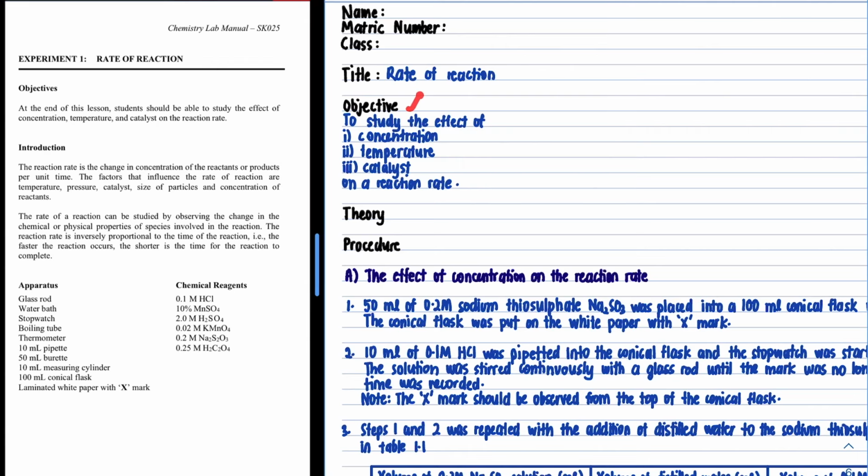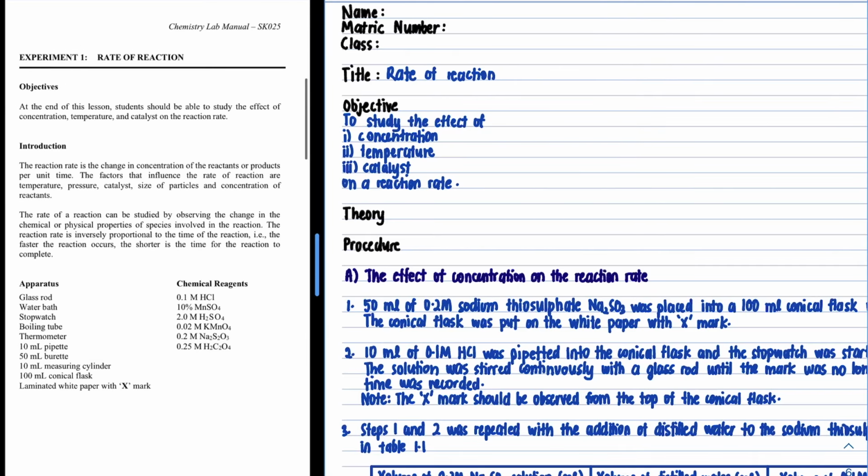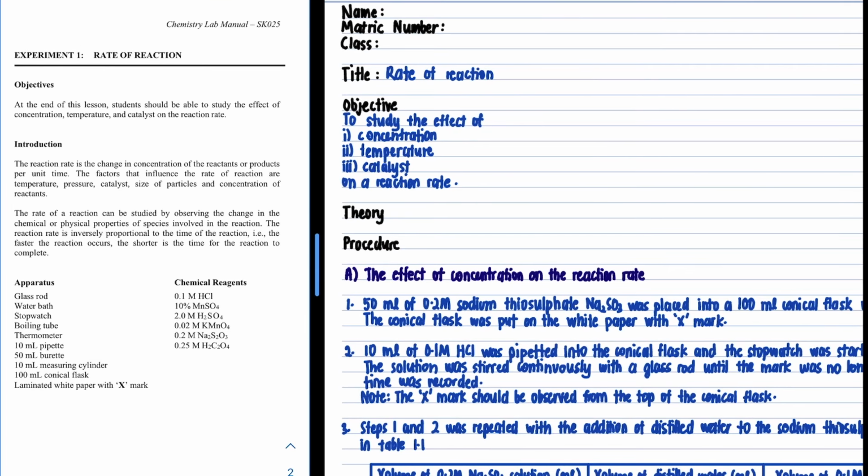Next is the objective. For the objective, you should refer to the objective from the lab manual itself. So here we can see the objective. It mentioned that at the end of the lesson, students should be able to study the effect of concentration, temperature, and catalyst on the reaction rate.